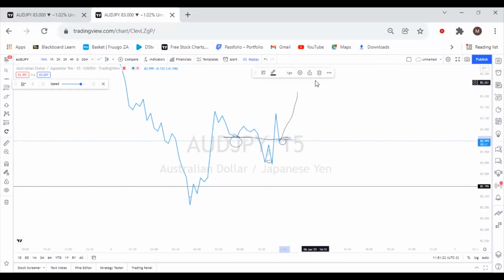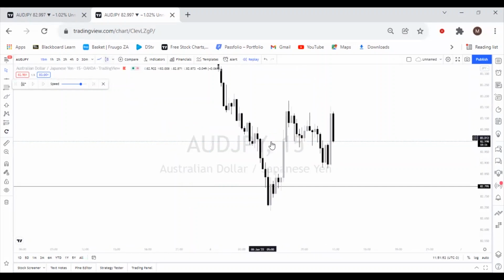We can take that as a signal as well, but then it seems like the price is gonna push back down to these levels right here and to these levels right here and start maybe rejecting, and that is when we can enter as well. It's just a matter of monitoring your trades. Just keep watching it form, but don't be glued to the screen.